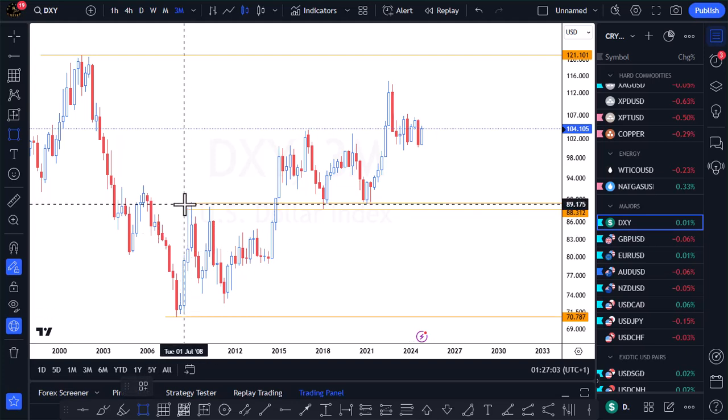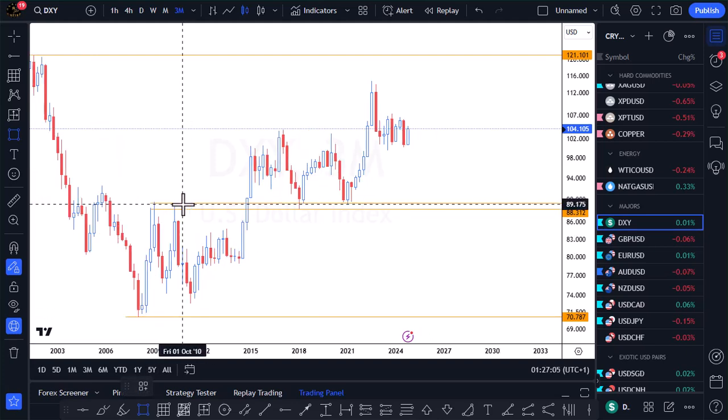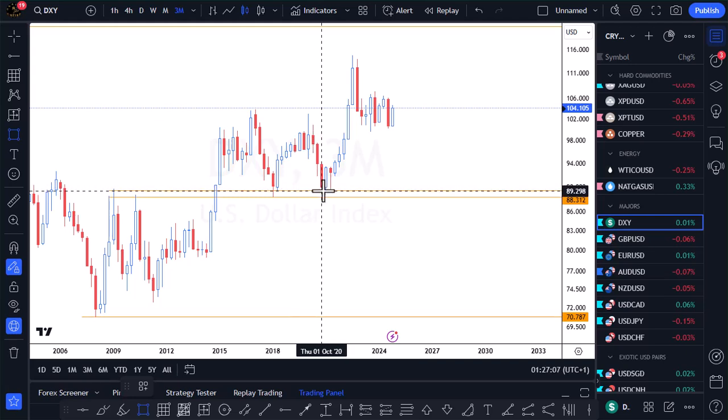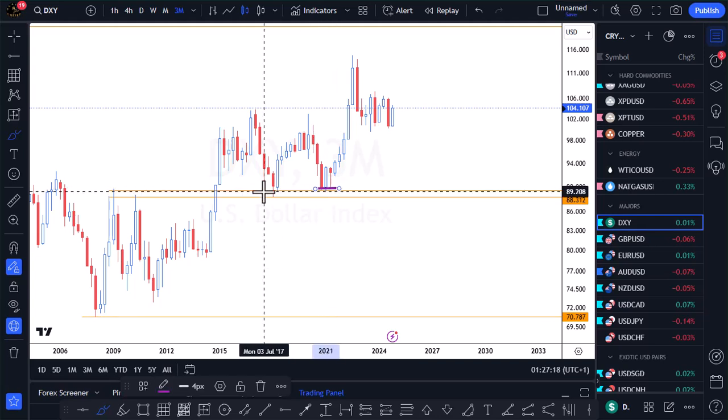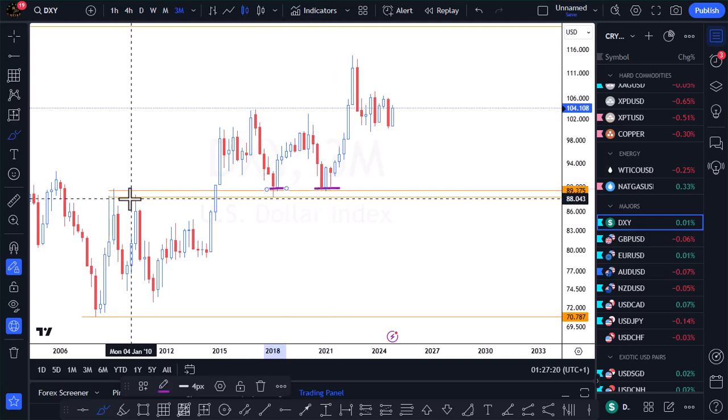rectangular tool on your price chart and just try to connect the lows of candlesticks that align at the same level. As you can see right here on this price chart, we have some lows here, lows at this level, and some highs.